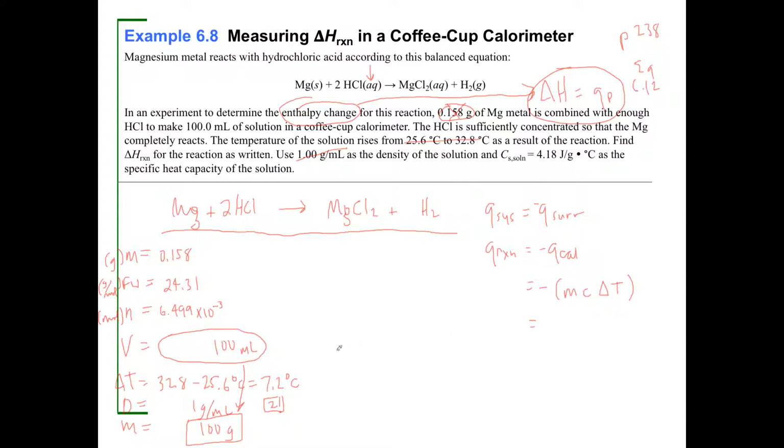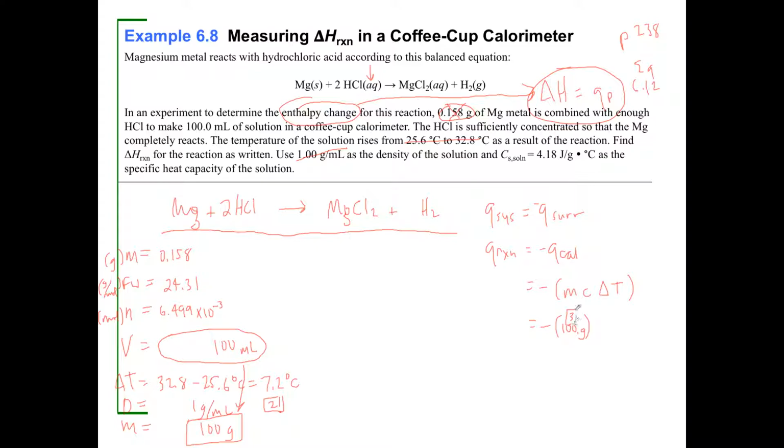So if it's 1 gram per mil as the density of the solution, I've taken care of that. And C is equal to 4.18 joules per gram degree centigrade. So let's put this in here. This is 100 grams, 3 sig figs; I put that dot there to remind myself.